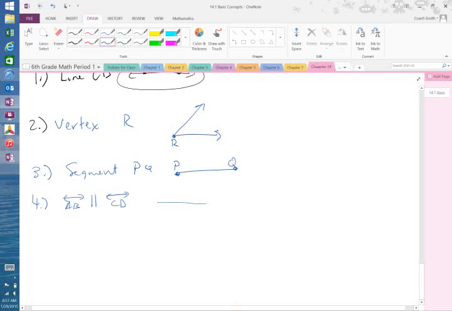You just draw a line. Okay, so that's all you have to do. Understand that parallel lines can be vertical like this. They can even be horizontal like this. Those would all be considered parallel.